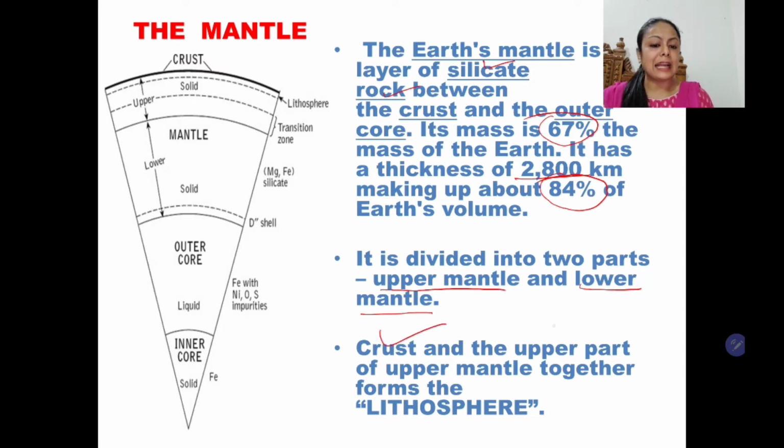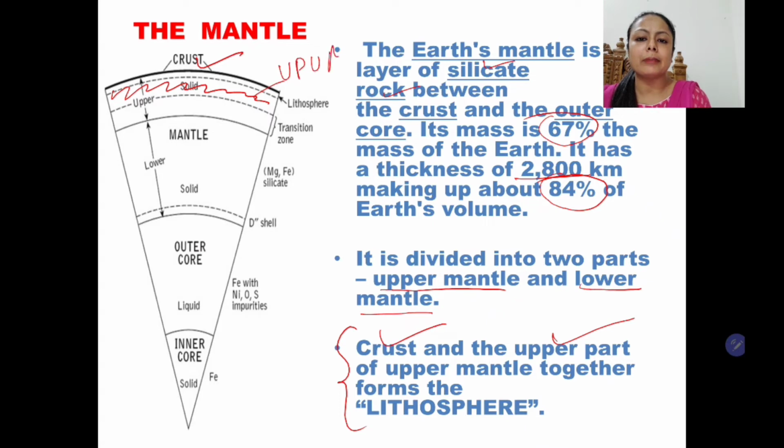The crust and the upper part of upper mantle together forms the lithosphere. Children, just now I have taught you the crust and the upper part of upper mantle. The upper part of upper mantle and the crust, both of them together forms the lithosphere. And the lower part of upper mantle forms the asthenosphere.